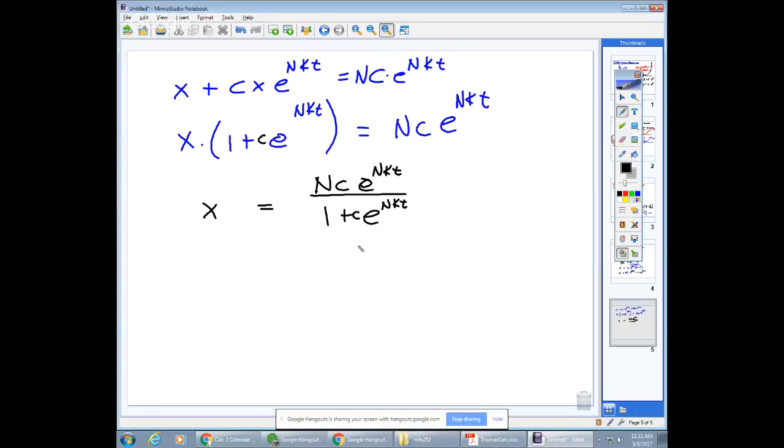Often you'll see this written slightly different. If you multiply top and bottom by e to the negative nkt, then what you end up with is an equation that looks slightly different. The nc stays in the top, and then I would get an e to the negative nkt; e to the nkt times e to the negative nkt is 1.